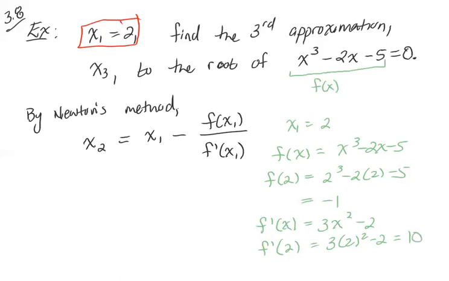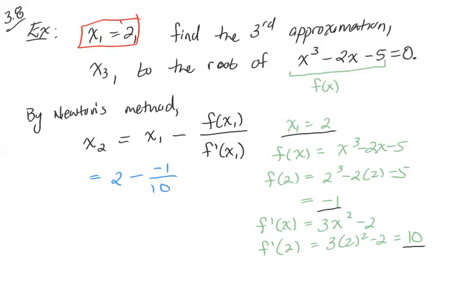Okay, so I have f prime of 2, I have f of 2, and I have x1. That's enough to find x2. So x2 becomes x1, which is 2, minus f of x1, which is negative 1, divided by f prime of 2, which is 10.